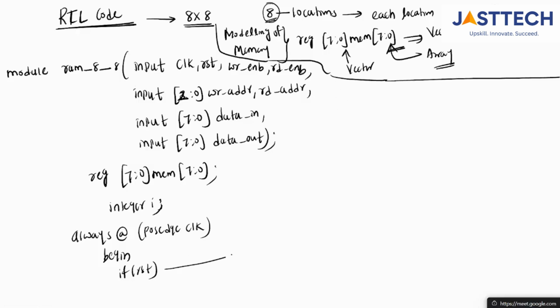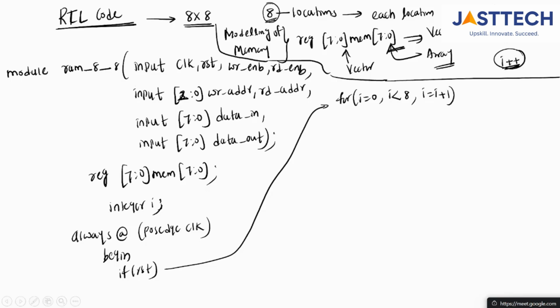How many locations are there? 8 locations. i equal to i plus 1. In Verilog, i plus plus will not work. In SystemVerilog it will work, but in Verilog you need to give i equal to i plus 1.